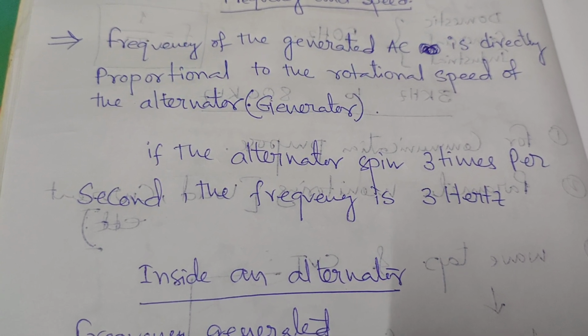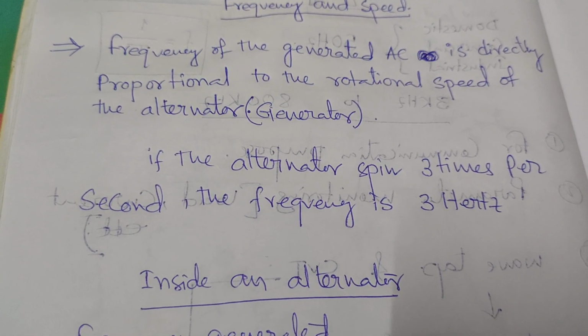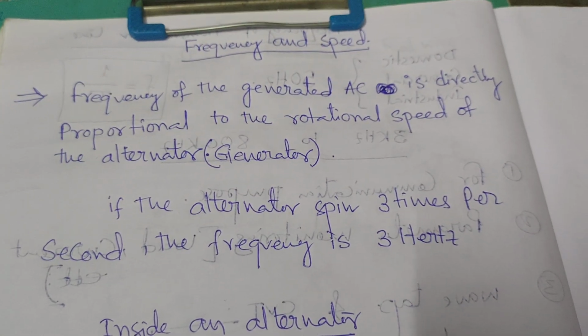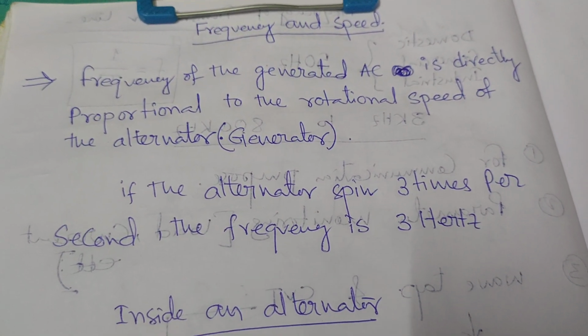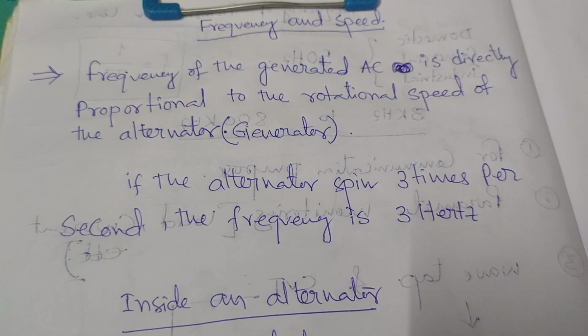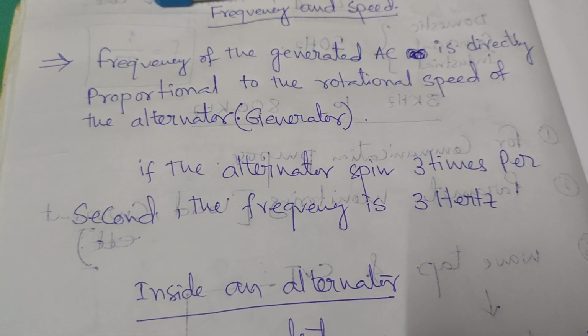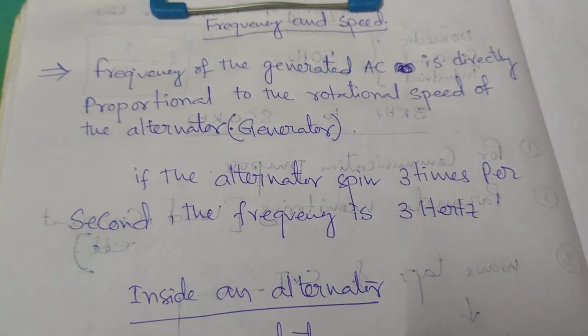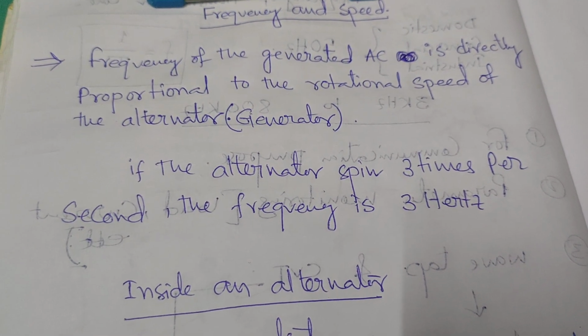This EMF, electromotive force, is generated in the stator, and it is stepped down or stepped up as per the requirement. Generally in the power plant, it is stepped up to the transmission voltage.